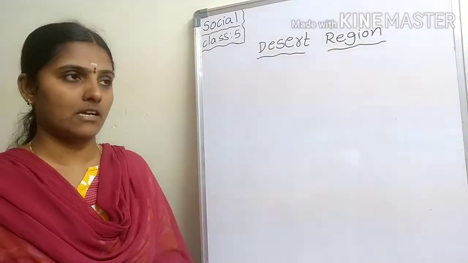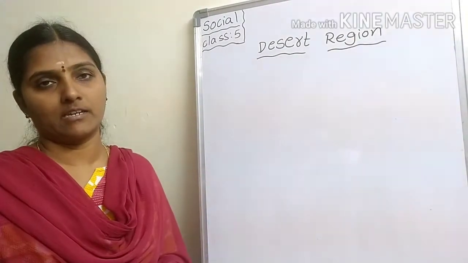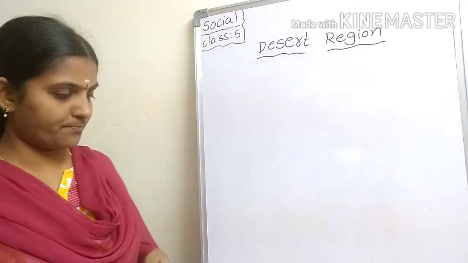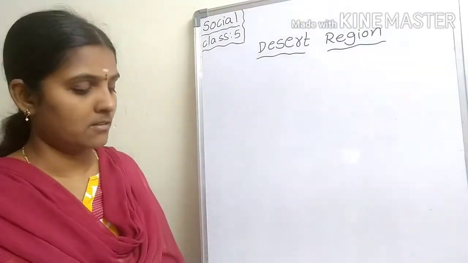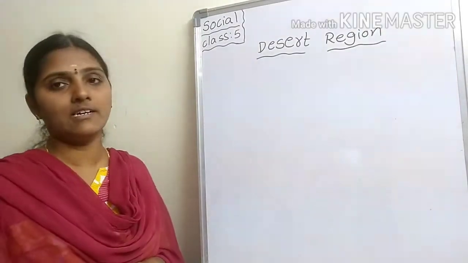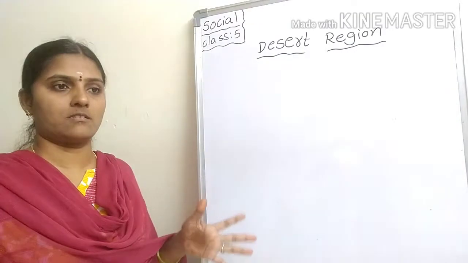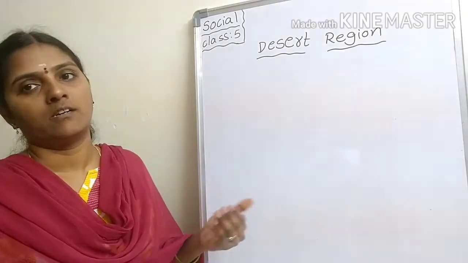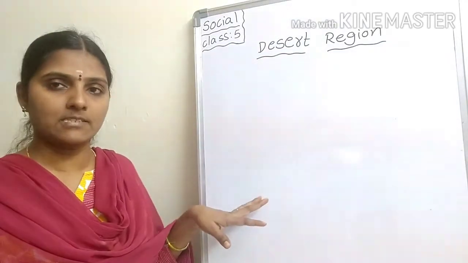People travel in caravans on camels or vehicles to other places across the desert. This is what I explained in the previous class.